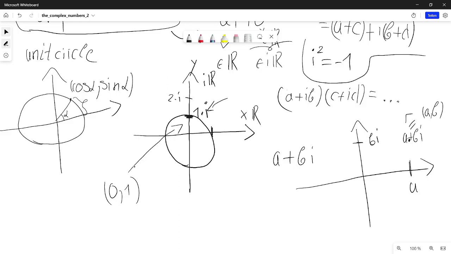If we say that i only scales but doesn't change geometry, in particular doesn't change lengths, then the number bi is in exactly the same position on this axis, with exactly the same distance, as the number b on the y-axis. So here, on the unit circle, that is i, and that is 1.